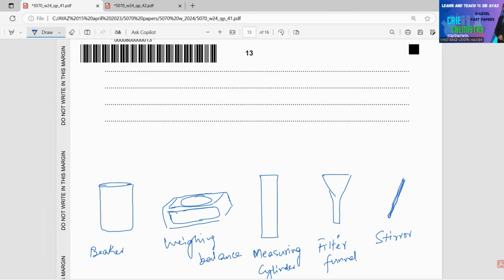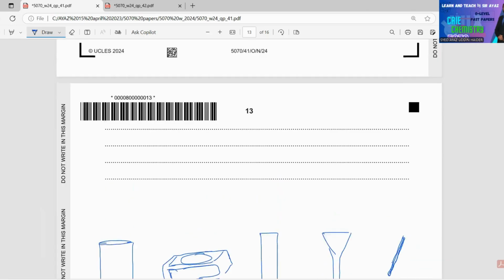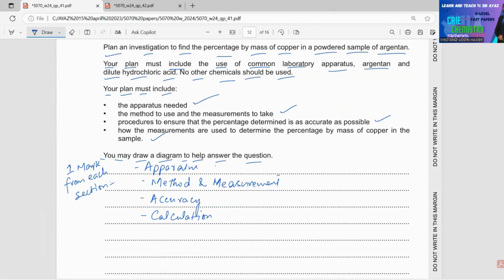Stirrer or glass rod. You can draw any 2 of these to gain 2 marks. We got 2 marks here.